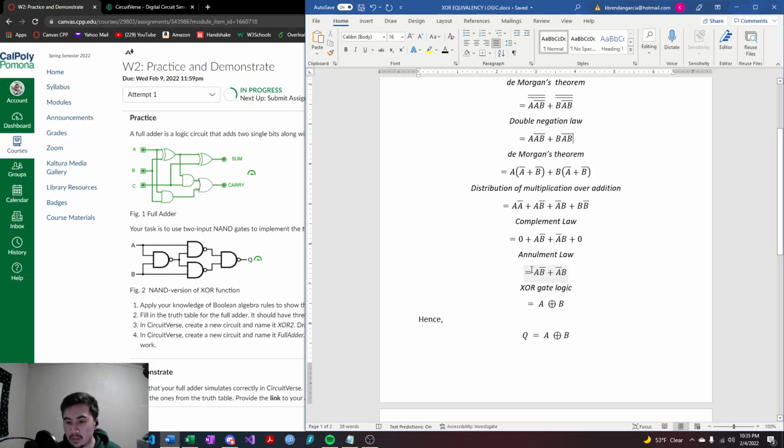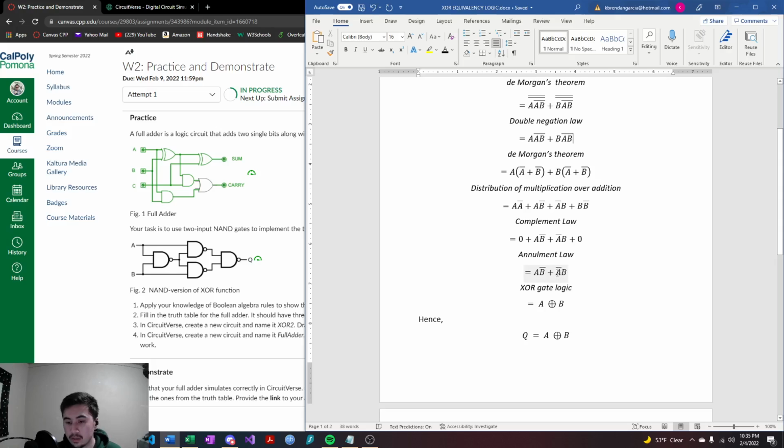And when we think about it for a moment, suppose A is 1 and B is 1, well, that would mean A NOT is 0 here, B NOT is 0 here. So 0 OR 0, you get 0, but if only 1 is on, it's going to be true. So if A is 1 and B is 0, then we're going to get 1, 1. So 1 ANDed with 1 is just going to be 1.